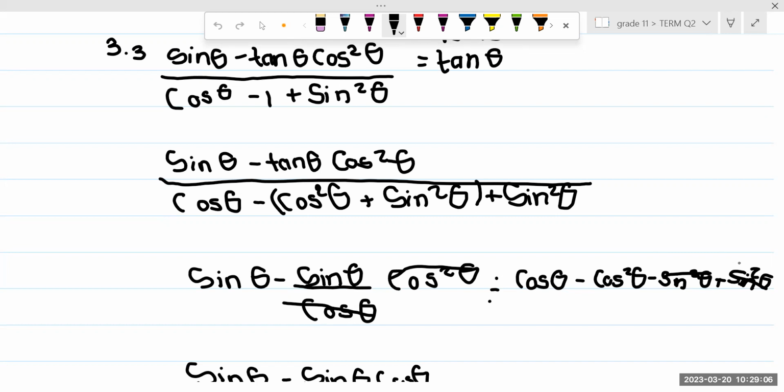This minus sin squared theta and sin squared theta are neutralized, and then cos theta minus cos squared, and then also cos squared theta is divided and cos theta comes out of that.